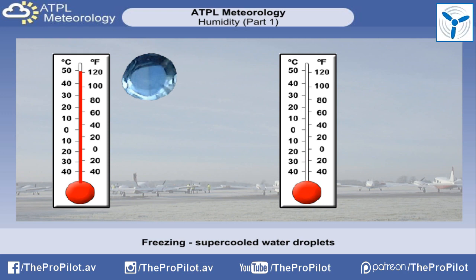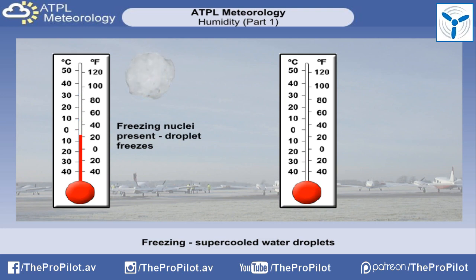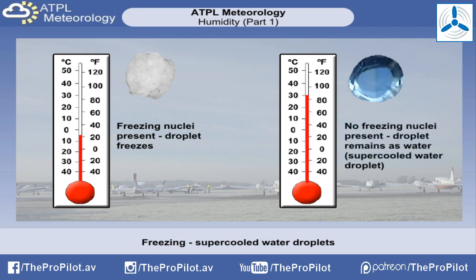In this case, they are known as freezing nuclei. So as the temperature of the droplet falls, if there are particles in the water, the droplet will freeze. However, if they are not present, then when the temperature falls below 0, it will not freeze. These are known as supercooled water droplets and are very important in aircraft icing.